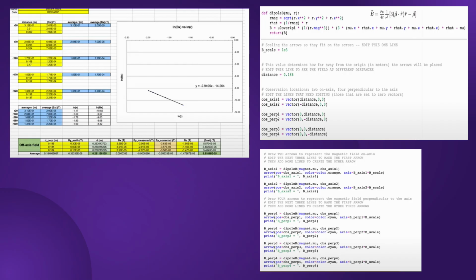Here I have included some example code, and I've also included the Excel spreadsheet along with the graph. As you can see, I used the equations from earlier, and I also did different observation locations. At the bottom, I also have the B perp axis and the on axis code. In this next slide, let me give you a second to go over the code.